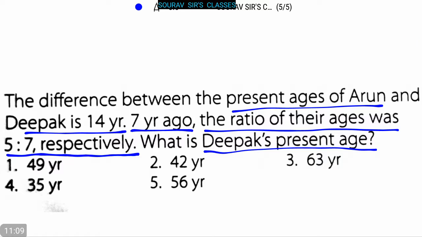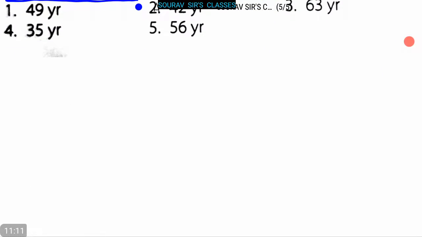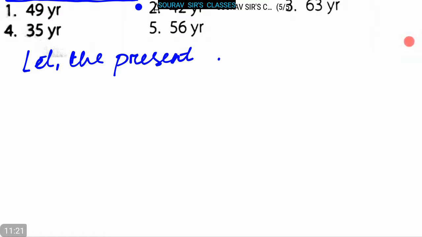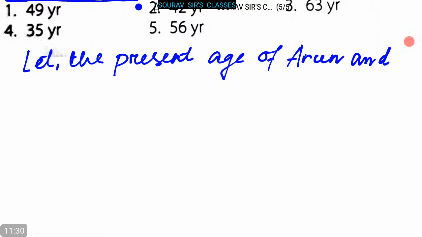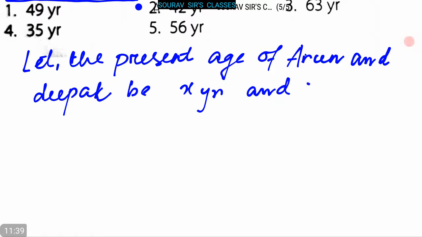So now let's start. Let the present ages of Arun and Deepak be x years and y years respectively.